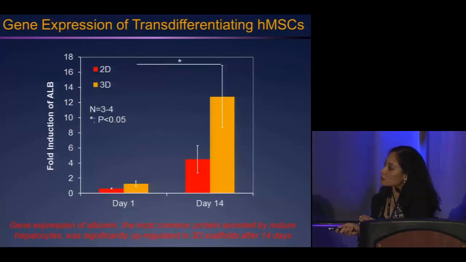So that was confirmed, but this graph shows 2D versus 3D cultures that were treated with this induction media, showing that at day 14, the 3D environment does in fact enhance the gene expression of this albumin protein. And this was normalized to GAPDH as well as the gene expression of undifferentiated MSCs.